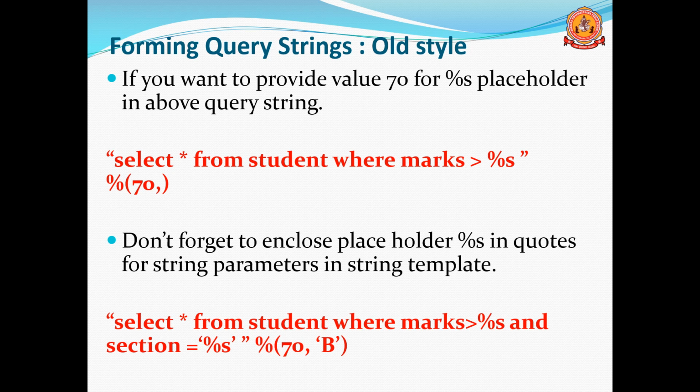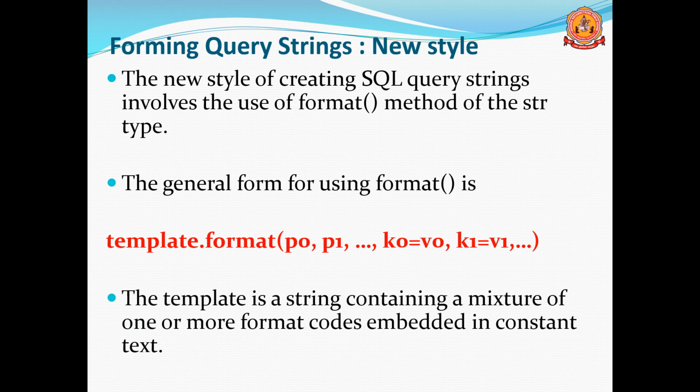Remember, whenever it is a string parameter, it should be enclosed within a single quote, so that is replaced by b. So when you execute this query, it will be like this: select * from student where marks is greater than 70 and section is equal to b. So that will check the condition. This is the old method of performing the operations. Next, we will move to the new style.